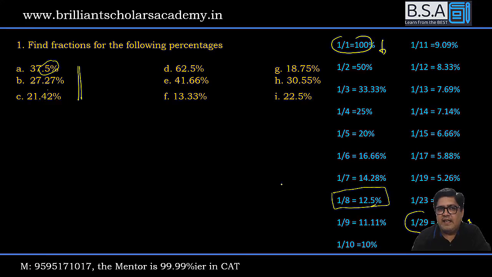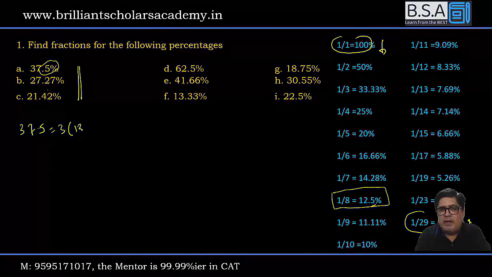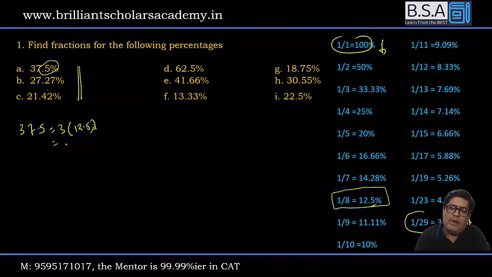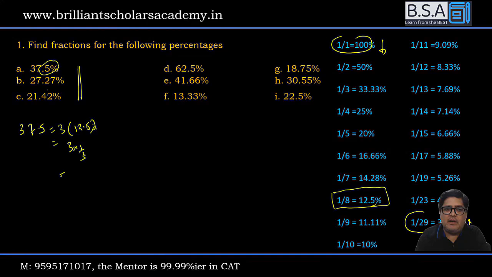Now, can I say 37.5 looks like triple of this? So what is 12.5? 1/8. 1/8 triple. So that is 3/8.